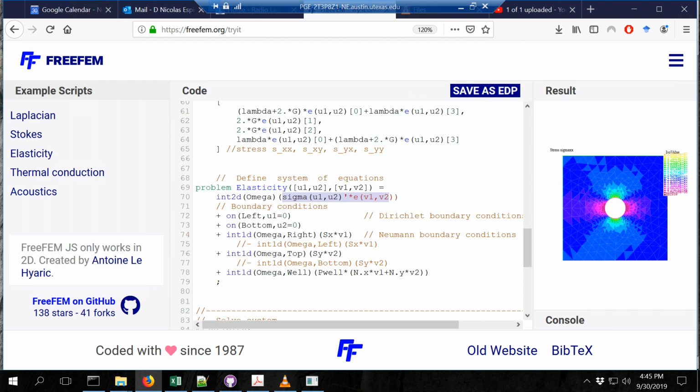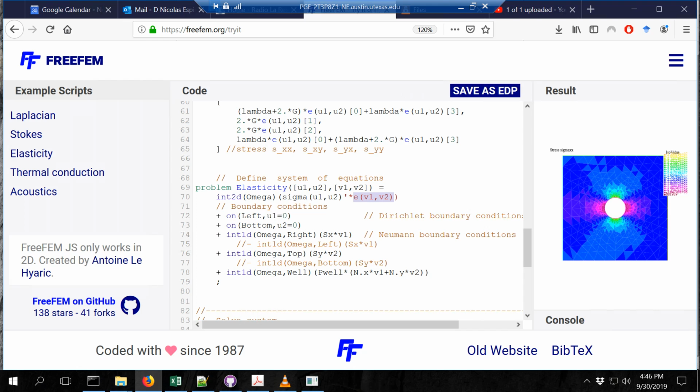Okay, so the integral then is going to be the integral of stress times strain. This symbol over here means transpose, but it's just stress times strain. Remember, the strain is based on the virtual displacement on the left-hand side, and that's everything for the integral on the left-hand side.